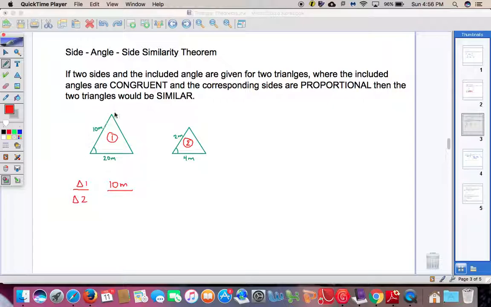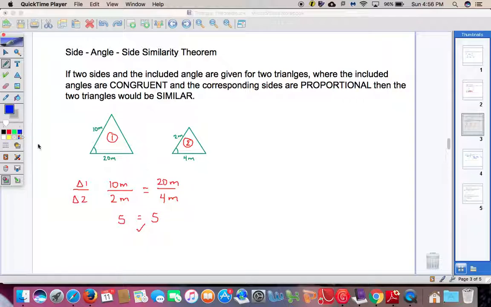Now my shortest side of triangle 1 is 10 meters, and my shortest side of triangle 2 is 2 meters. And I want to know, is that equal to my longest side of triangle 1 divided by the longest side of triangle 2? Now, 10 divided by 2 is 5. And 20 divided by 4 is 5. And since 5 equals 5, I can say that my sides are proportional.